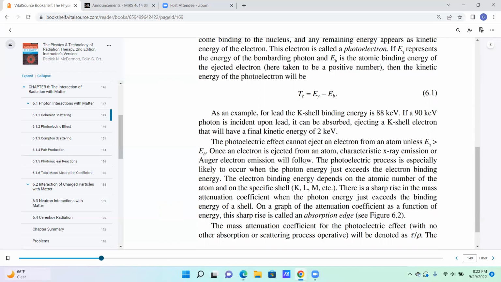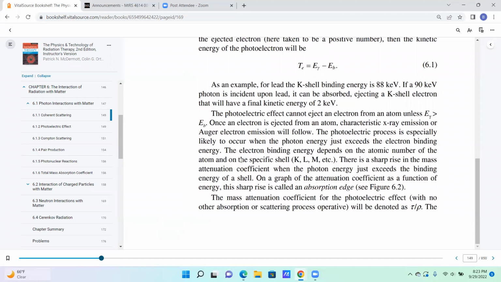Once it's ejected, then the characteristic X-ray emission or an Auger electron will follow, and the photoelectric process is essentially likely to occur when the photon energy just exceeds the electron binding energy. The electron binding energy depends on the atomic number of the atom and on the specific shell.